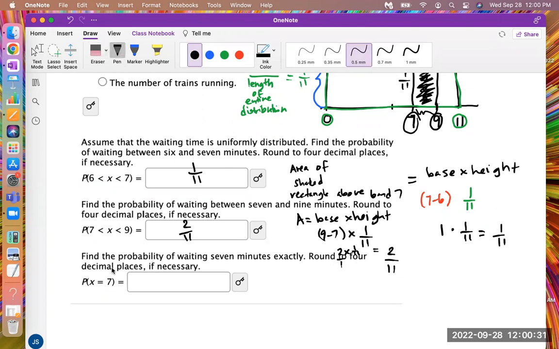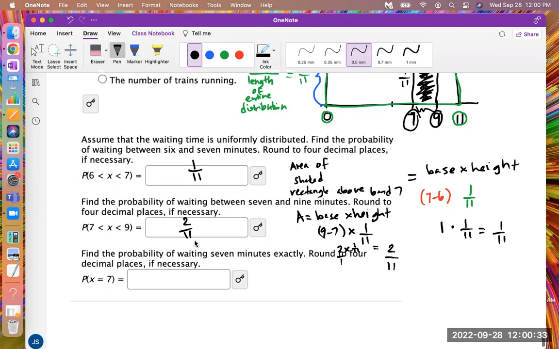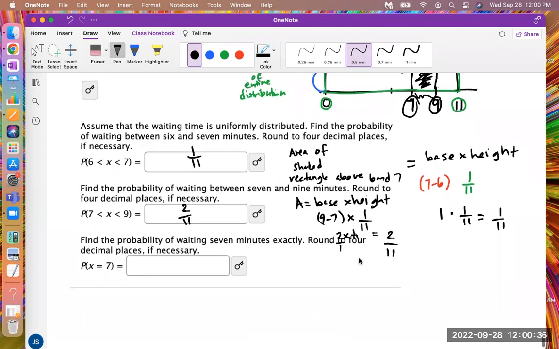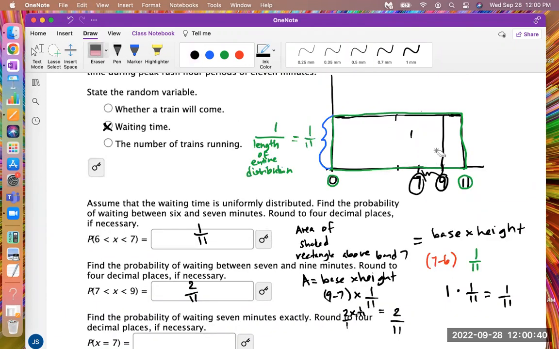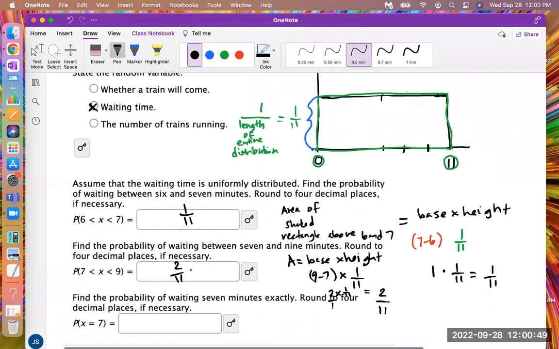Next, they say find the probability of waiting exactly 7 minutes. So let's try to draw that rectangle. All of these we know are the same.